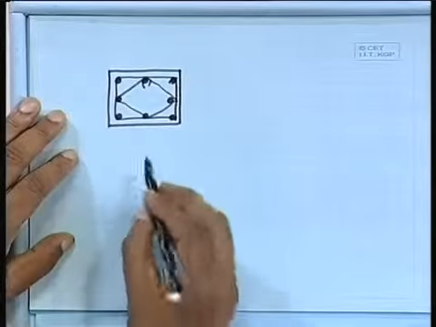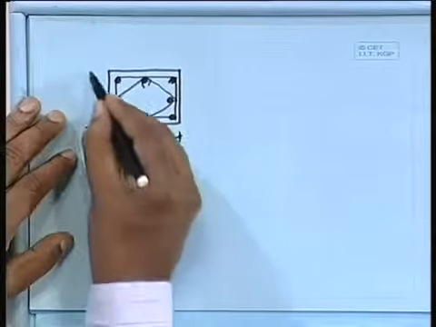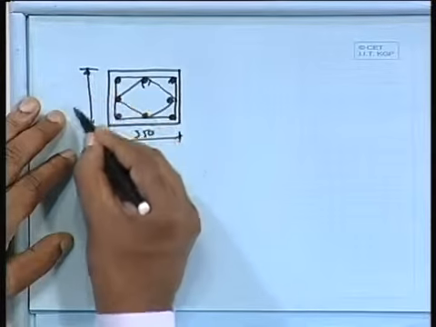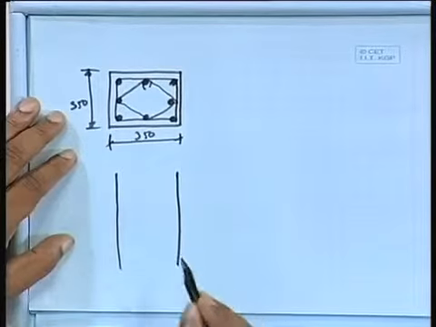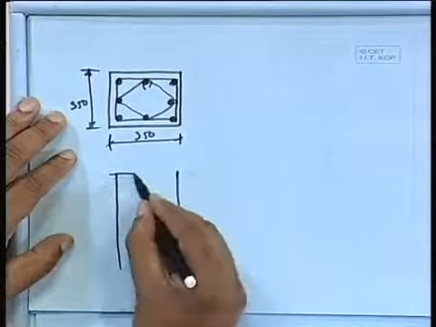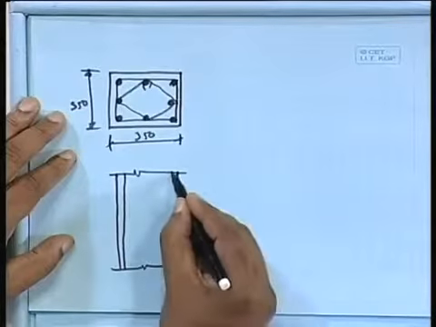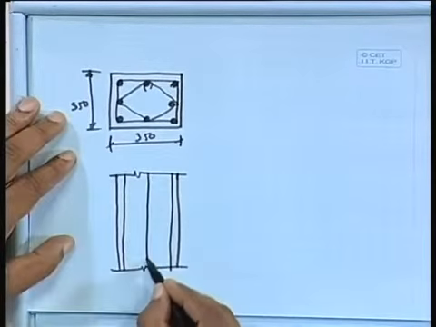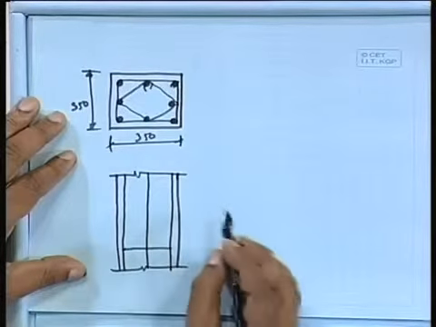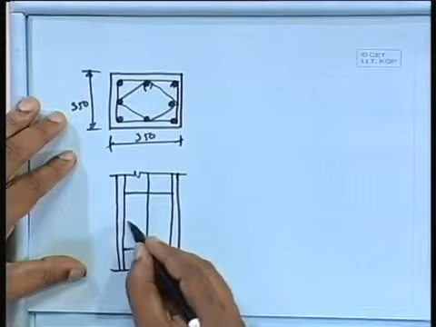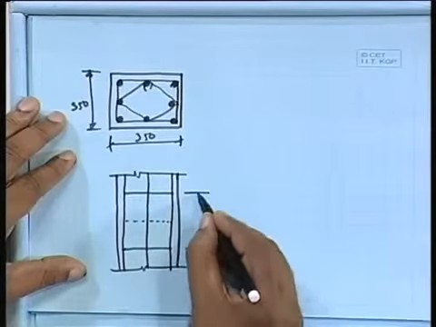This dimension is 350, 350, and let us provide this bar. So we can have one bar on the outer side, another bar here, other bar here. I mean to say this gap is 250.